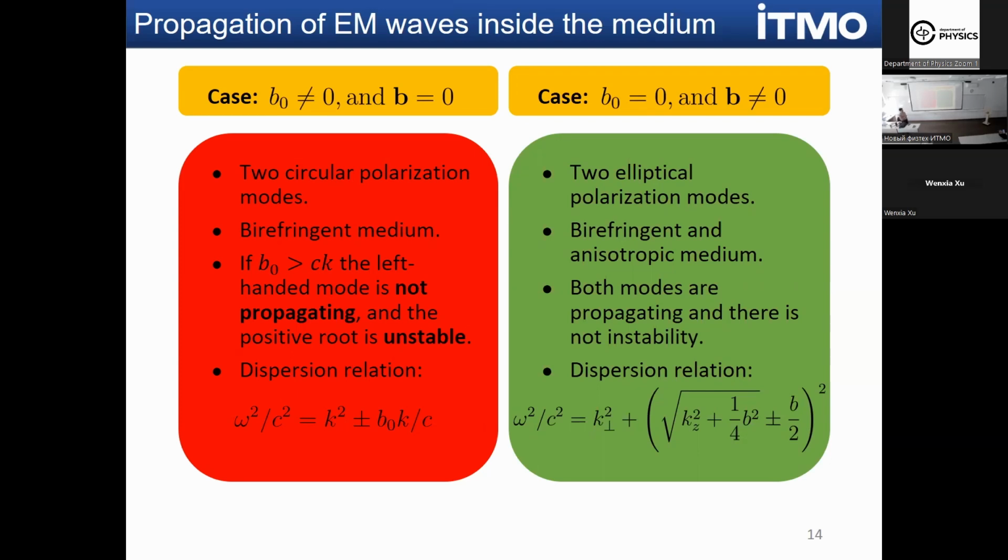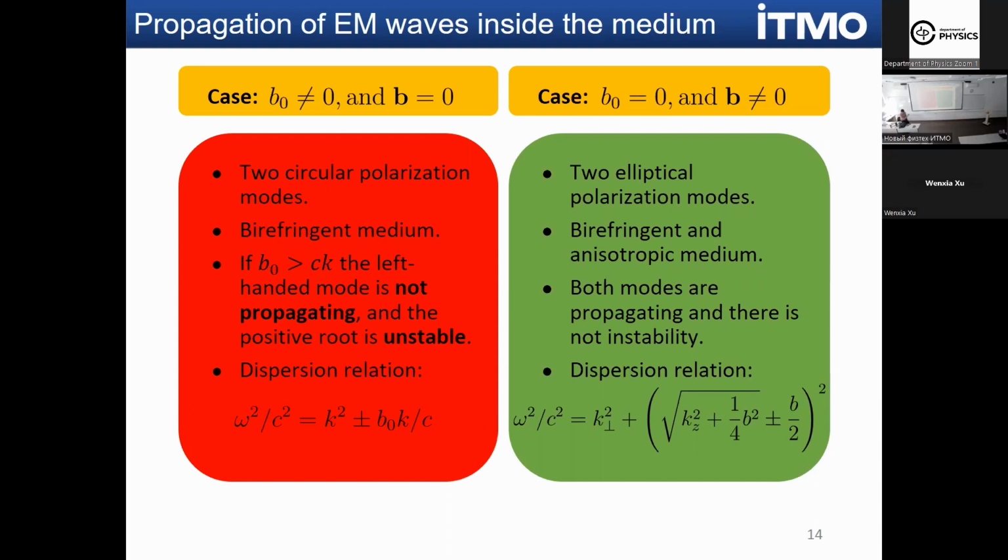We don't like that. So in the case when B0 is equal to 0, you can have two elliptical polarization modes, left and right-handed. It corresponds to a birefringent and anisotropic medium. But both modes are propagating and there is no instability. That's what we like. And we have this dispersion relation when we make the vector B go in the Z direction, just to simplify the dispersion.